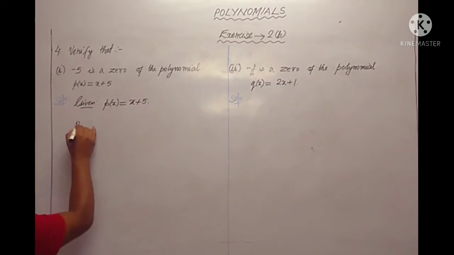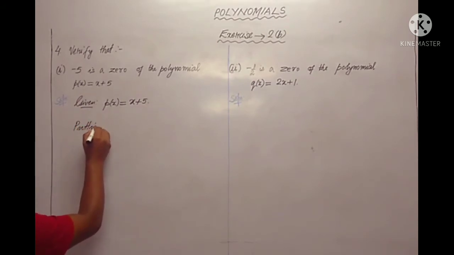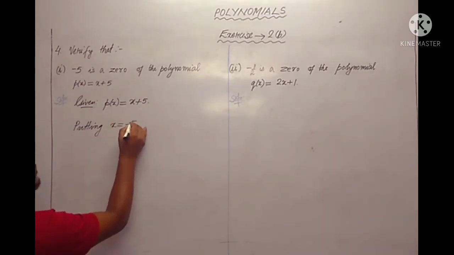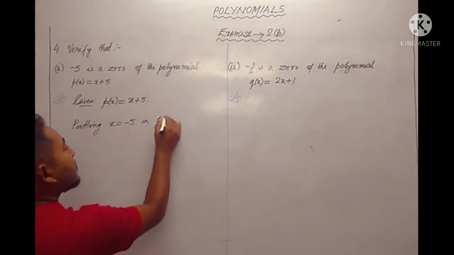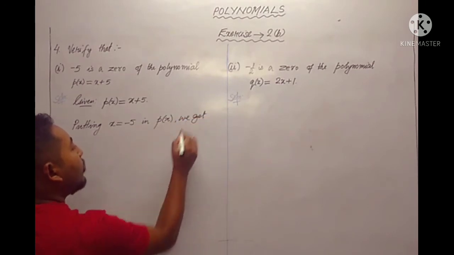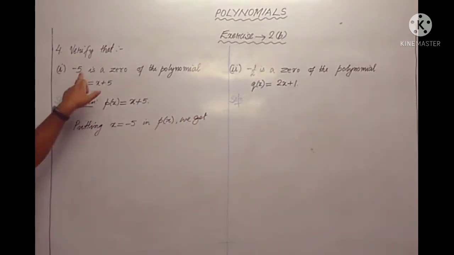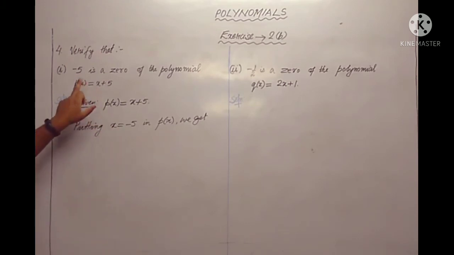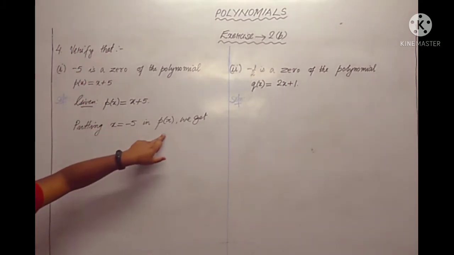Now, putting x equals minus 5 in p(x), we get, now what do we do? We put the value x equals minus 5. Remember in the previous question, x was the answer. Here, put that x equals minus 5 in p(x).